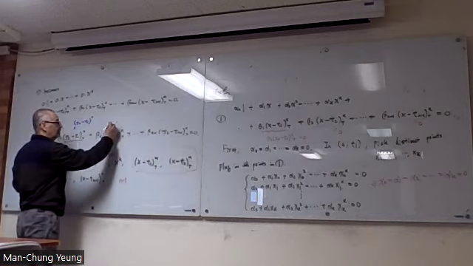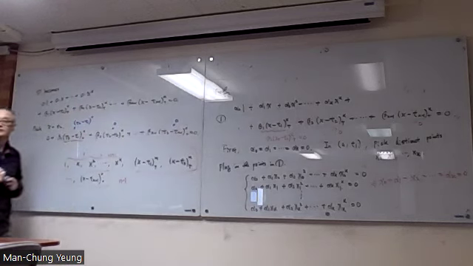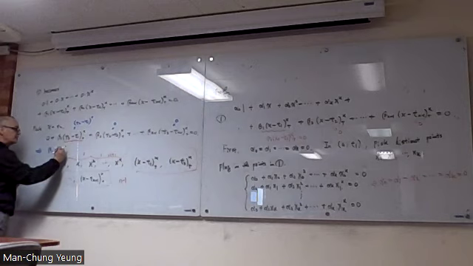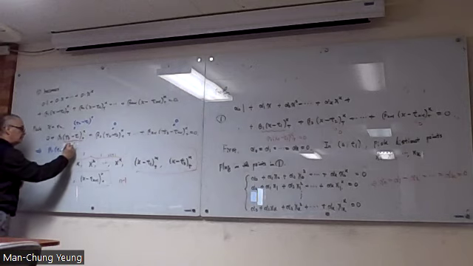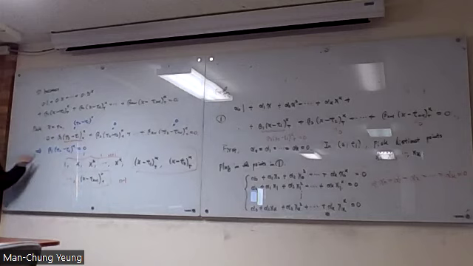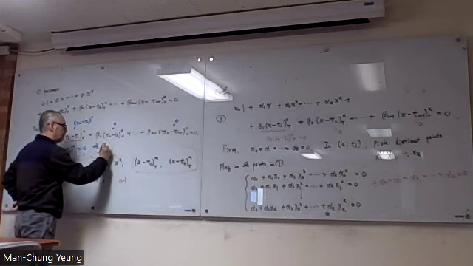This is 0. And this is 0. So this equation is beta 1 times a non-zero number is 0. Beta 1 must be 0.